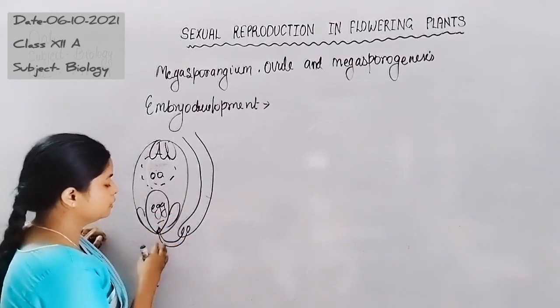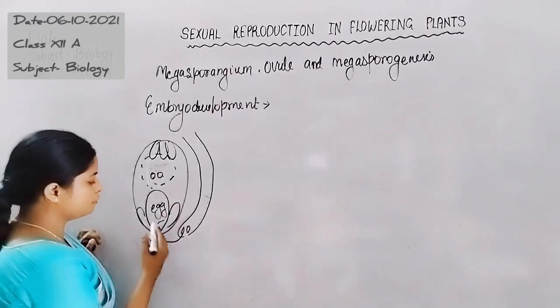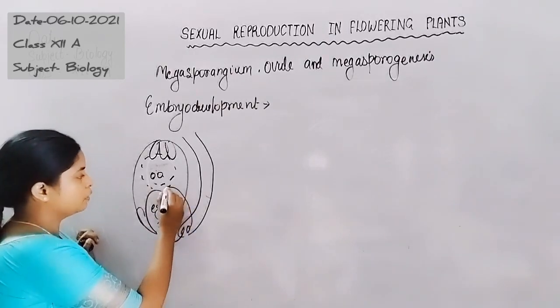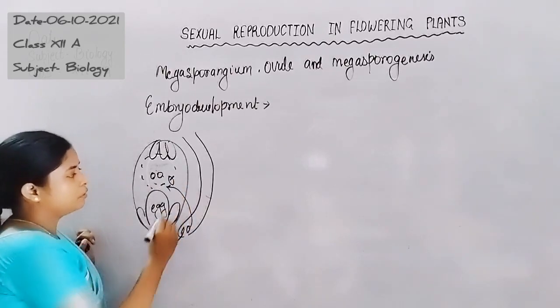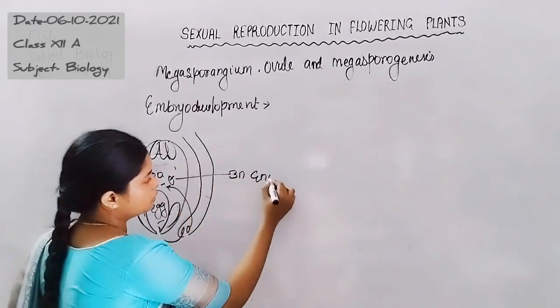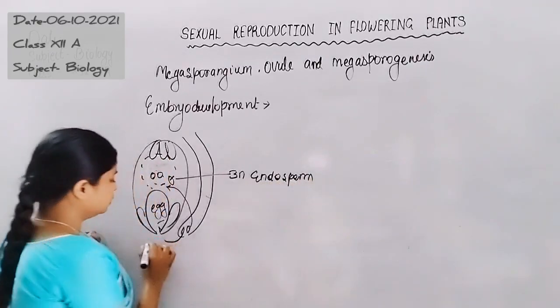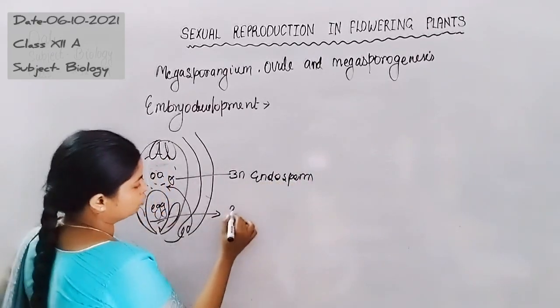One of the two sperms fuses with the egg and the second sperm fuses with the polar nuclei. Thus they form the 3N endosperm and the 2N zygote.